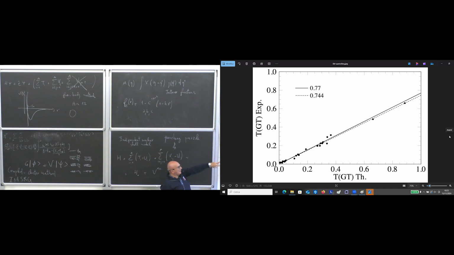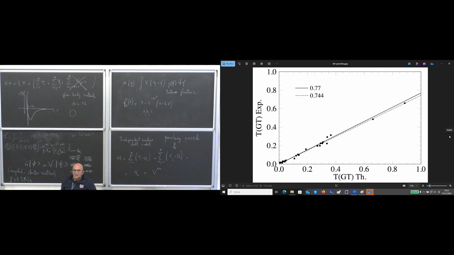And this correlation plot tells you that if you reduce by a factor of about 0.7 the value of gA, you are able to reproduce in nuclear structure calculations the matrix elements of the observed beta decays.